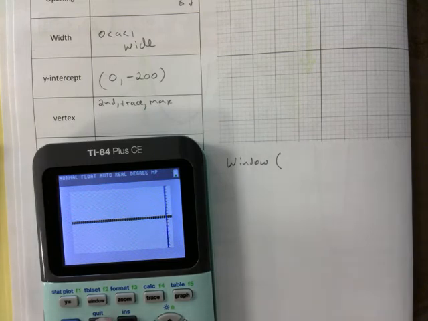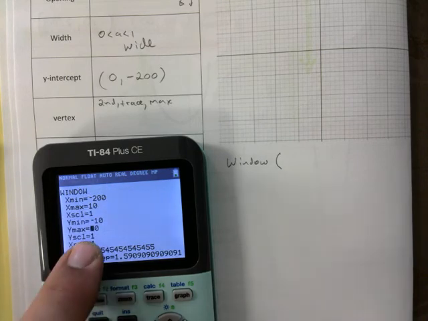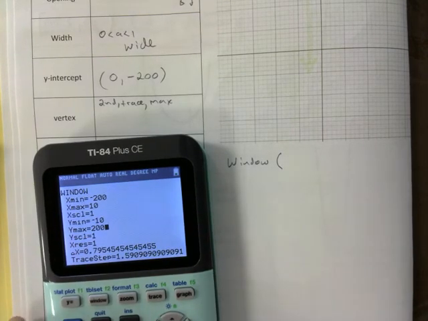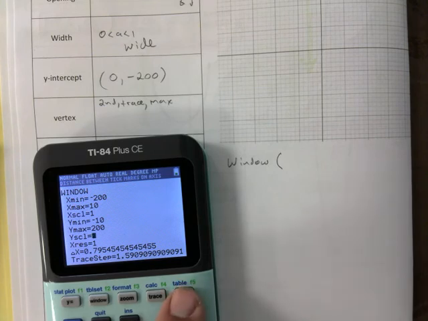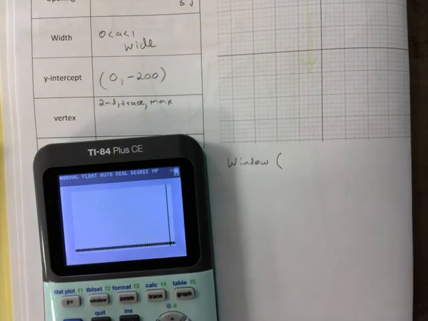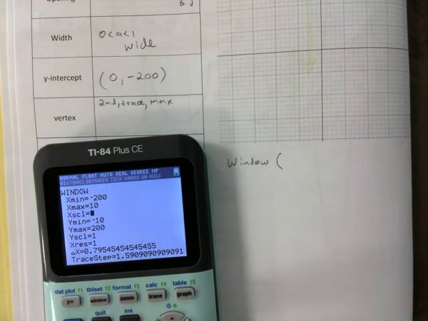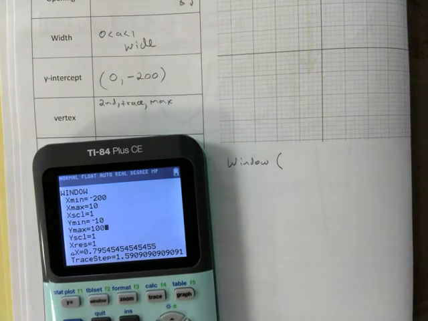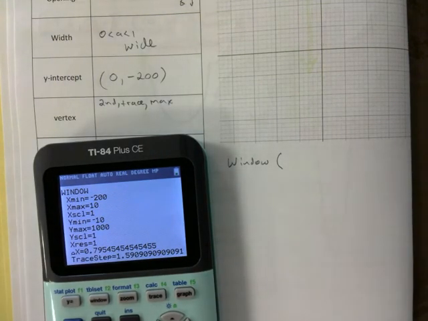I'm going to go further up now, so Y max 200 as well, positive, right? Still not working. So I'm going to have to go further up. I'm going to go 1,000 with my Y max and hit graph.